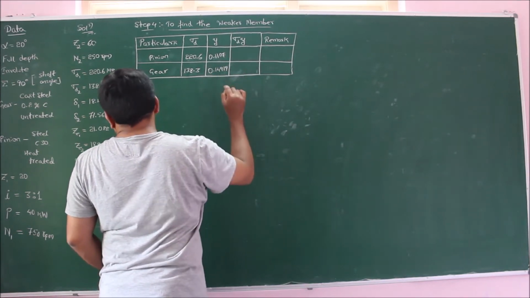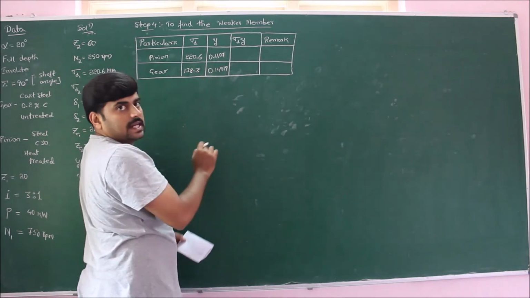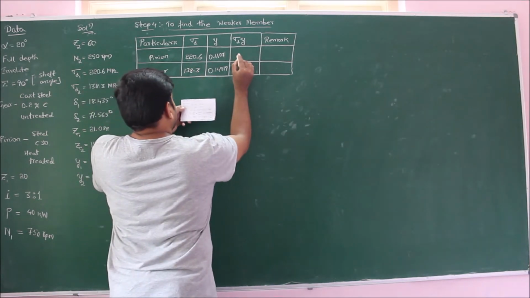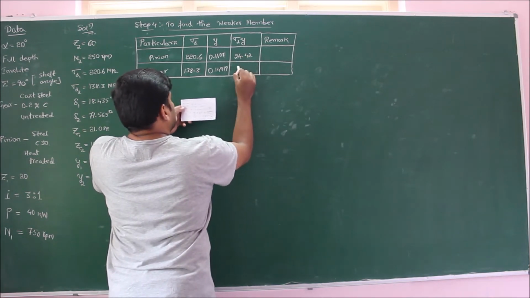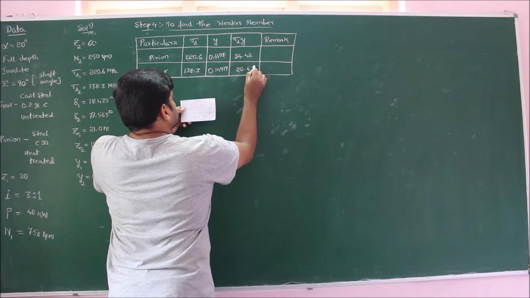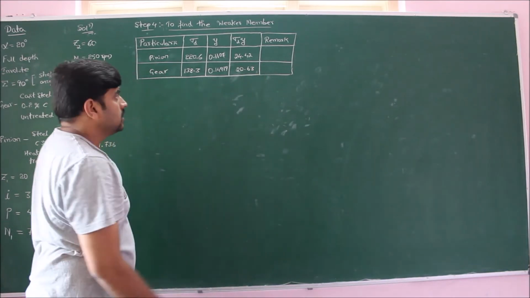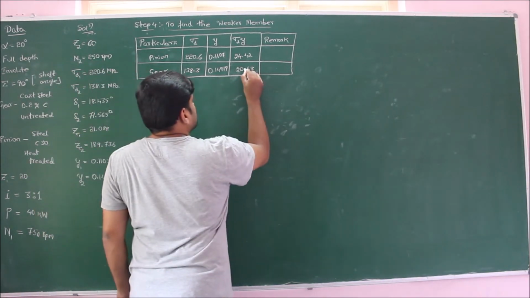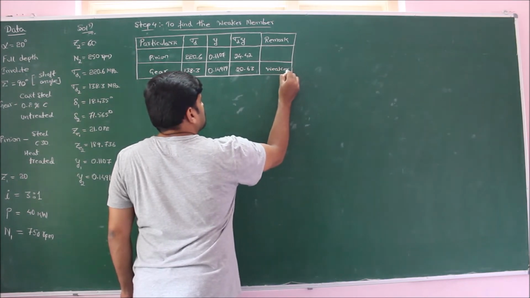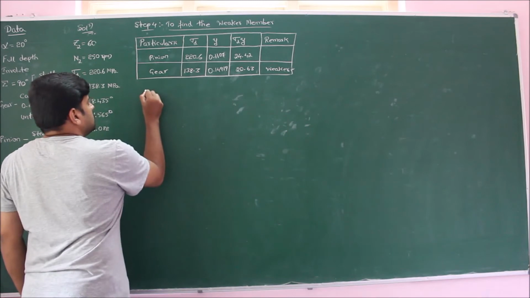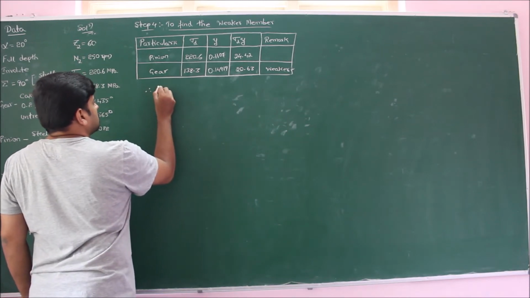So if I multiply, I will get the product of sigma d into y as 24.42 for pinion and 20.63 for gear. So it is clear that gear is the weaker member. Therefore, design is based on gear.